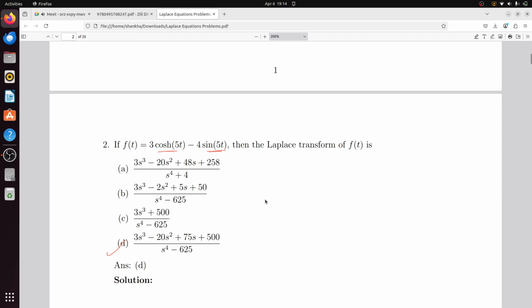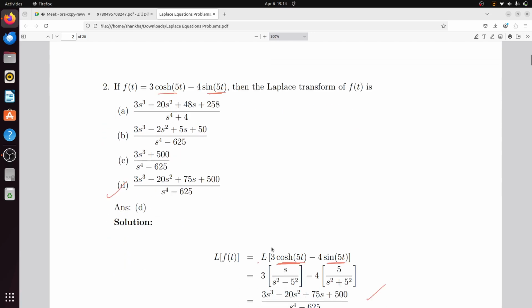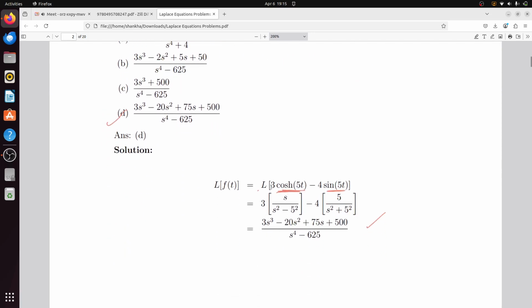You just do algebraic manipulations and you will get option D. This is 3s by s square minus 5 square minus 4 into 5 by s square plus 5 square. So this is 3s cube minus 20s square plus 75s plus 500, that is s to the power 4 minus 625, just the option D.